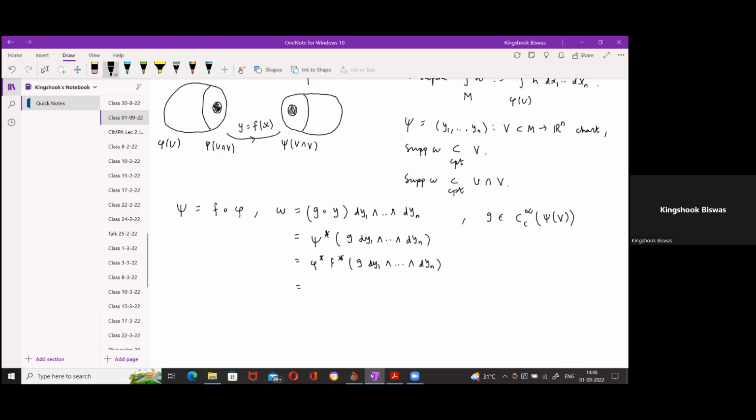Right. So now this becomes what? This becomes phi star of G composed with F, and then F star of dy1 wedge dyn. We know what this is equal to. This is equal to the determinant of df times dx1 wedge dxn.